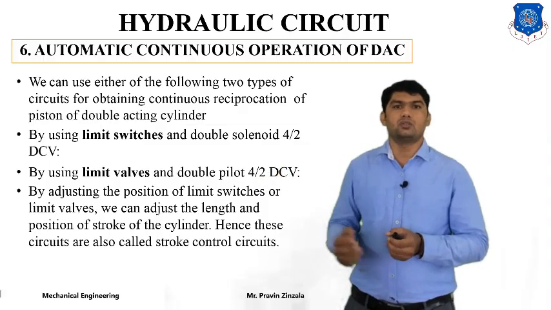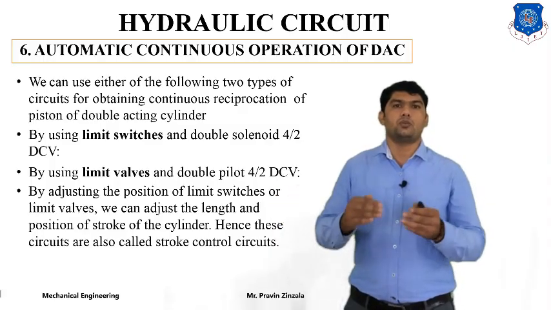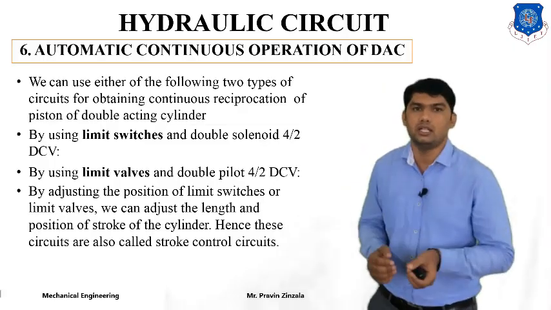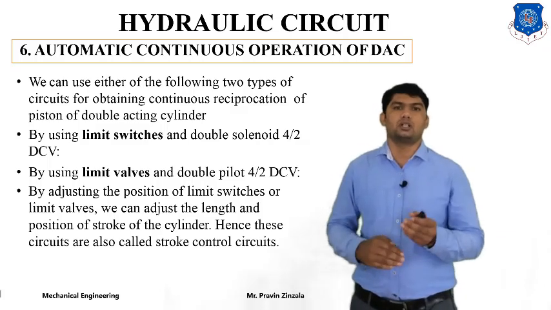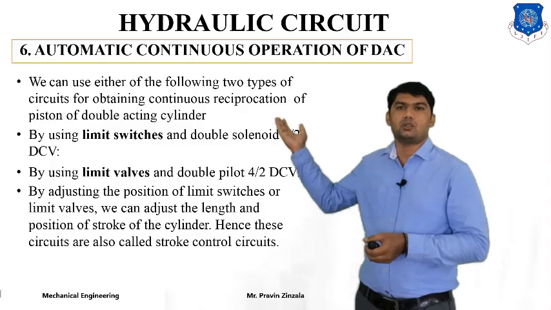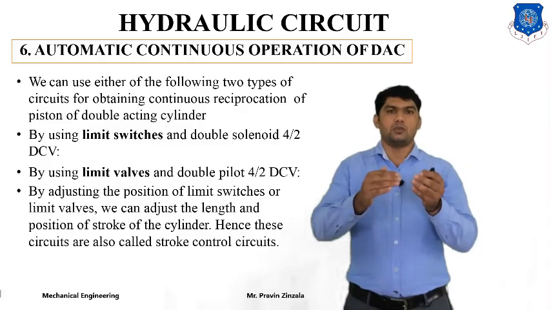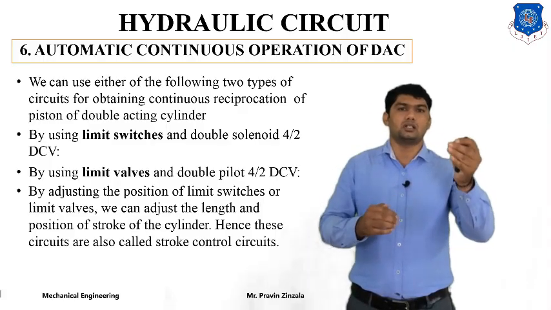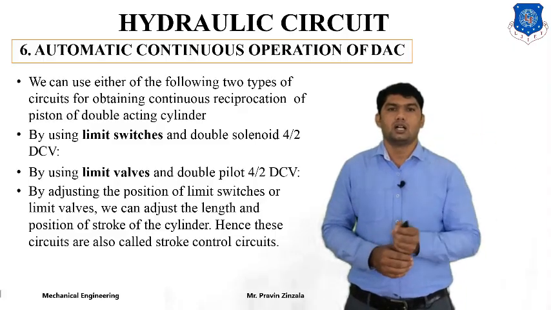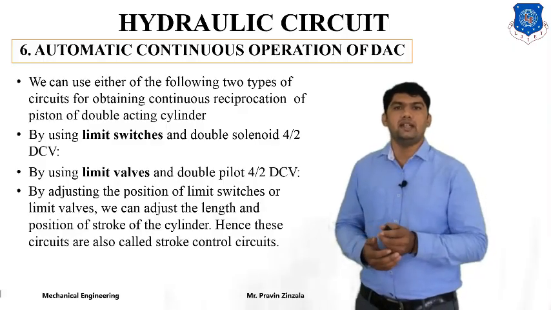In industry, for mass production or continuous operation, we have to set up different circuits. At that time we have to design the hydraulic circuit according to the automatic operation, meaning it will work automatically. First it performs the first operation, then the second, third, fourth, fifth, up to our limitation or requirement. So this is the requirement of automatic continuous operation in industry.